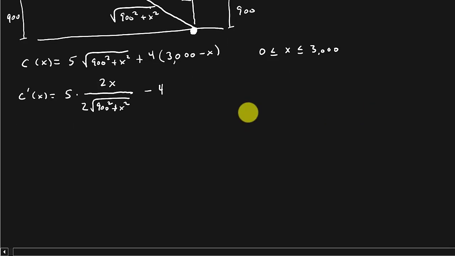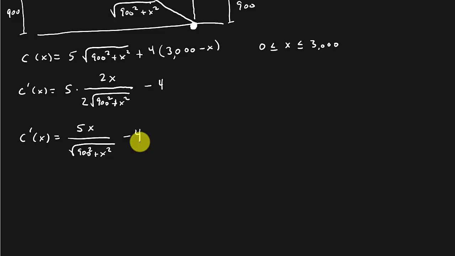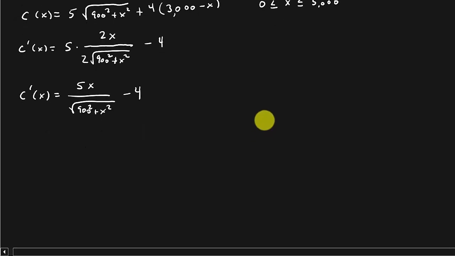So now the 2's cancel, and I'm left with 5x over the square root of 900 squared plus x squared, minus 4. You might be thinking, how come he's not squaring the 900 out? If you want to square the 900, you can, but sometimes it helps not to, and you will see why in this problem.